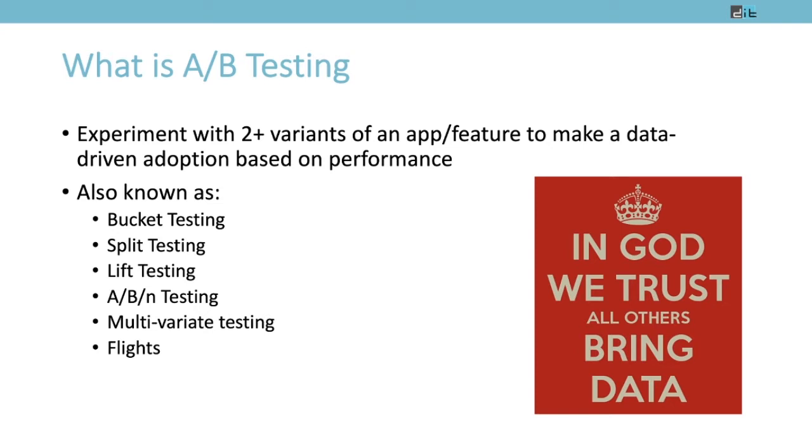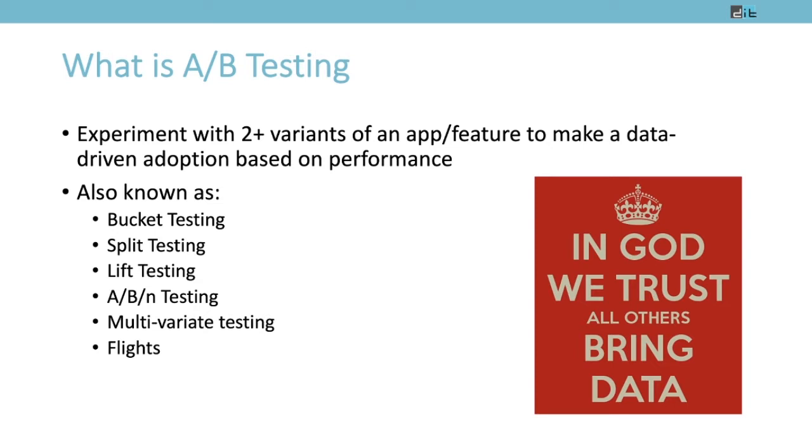Based on the data that we collect, we make a data-driven decision as to which variant to adopt. That decision is based on looking at different metrics of performance. For example, in Facebook's case, they might be looking at the number of logins per day, the length of the session, how much money they were making from the ads, and a whole bunch of other things.